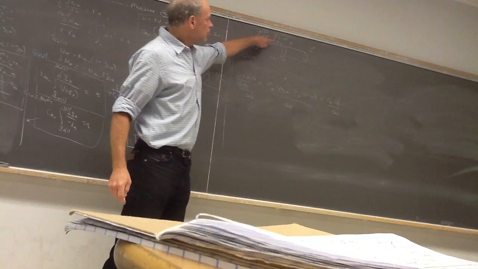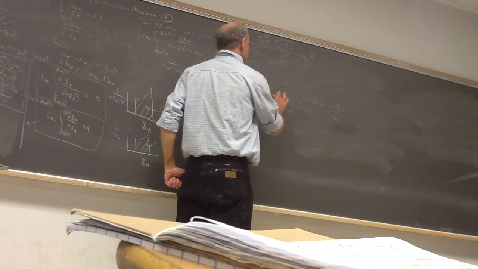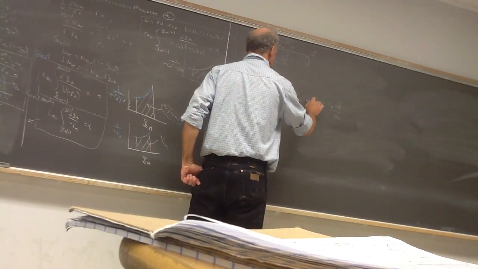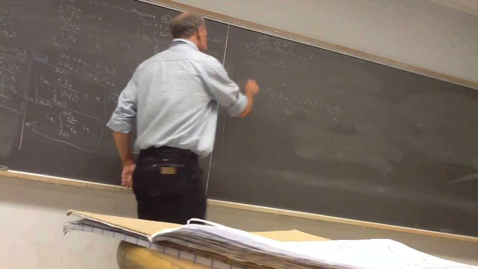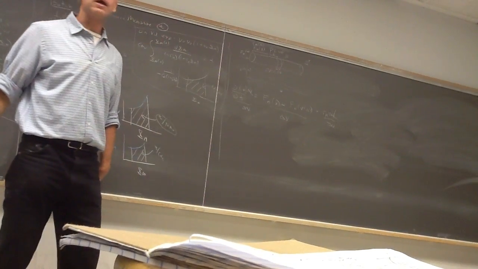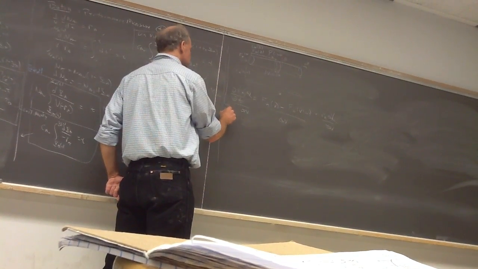And I could think of, if this is z, then script A times z is V. So I could make this V and V plus delta V. The delta V's cancel, and I take the limit as delta V goes to 0.